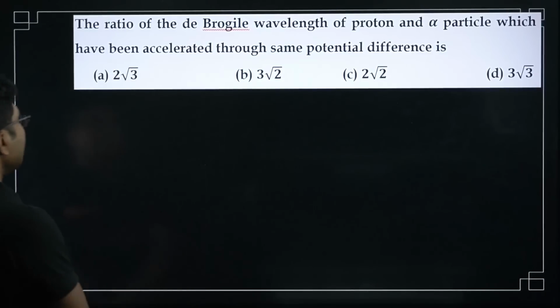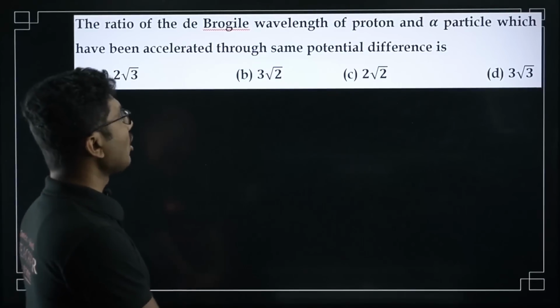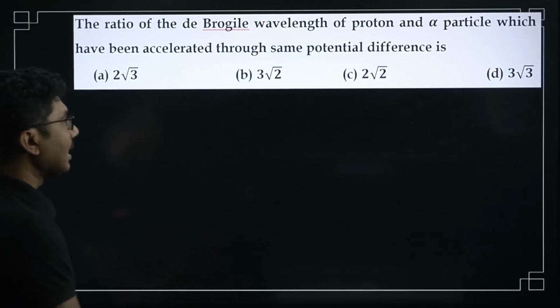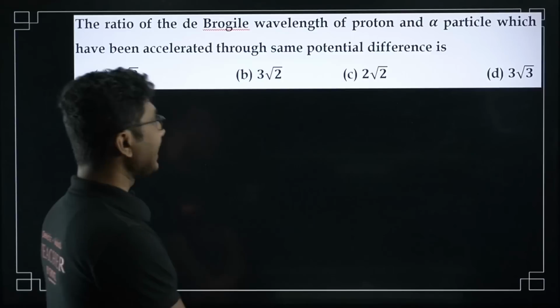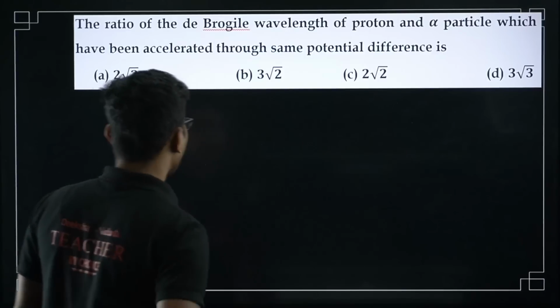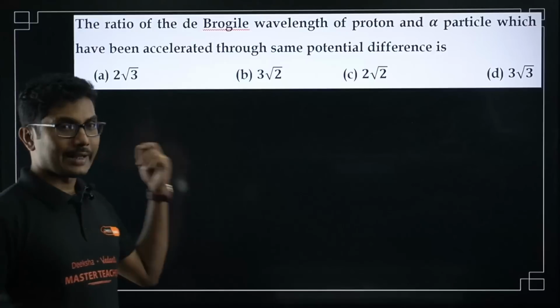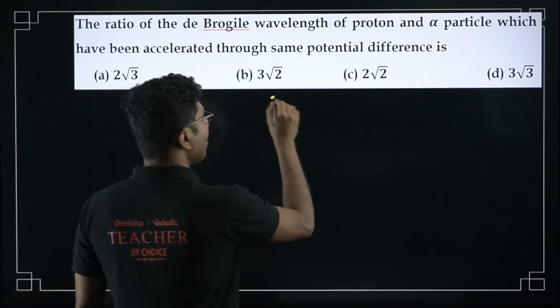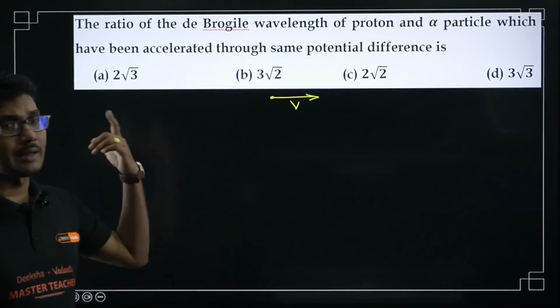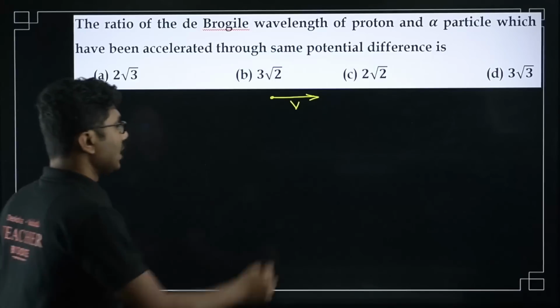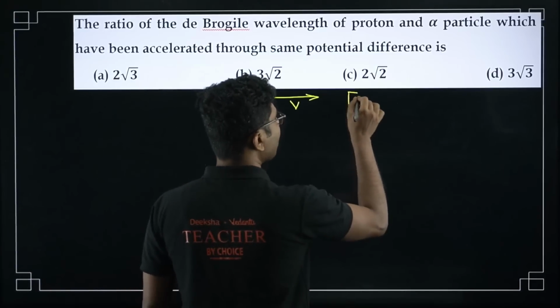The ratio of de Broglie wavelength of proton and alpha particle which have been accelerated through the same potential difference. So if you accelerate a proton and an alpha particle through same potential difference, say V, okay, they will acquire some amount of kinetic energy. So what is the kinetic energy of the proton?